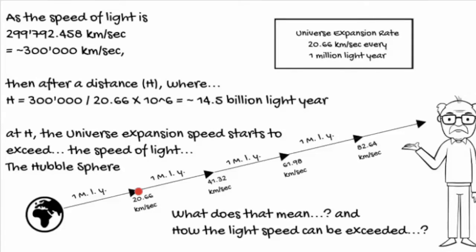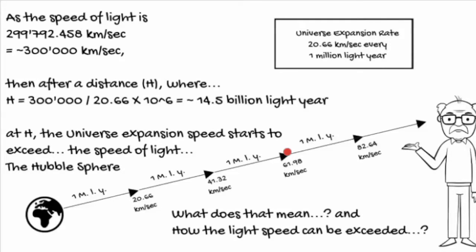If we stand at a star or a galaxy which is 2 million light years away, then we multiply 20.66 by 2, which gives us 41.32 kilometers per second. Also, after another 1 million light years, which means for a galaxy or a star at a distance of 3 million light years, the running away speed from Earth is 61.98 kilometers per second, and so on.